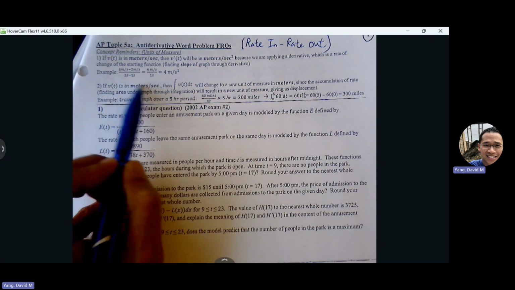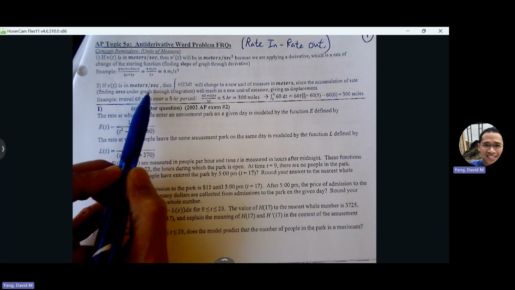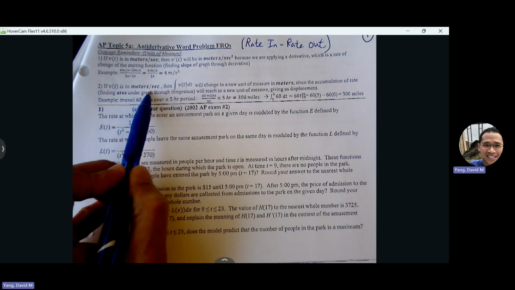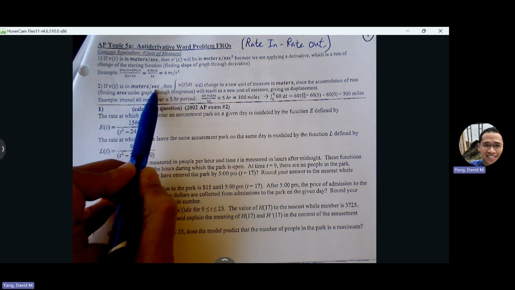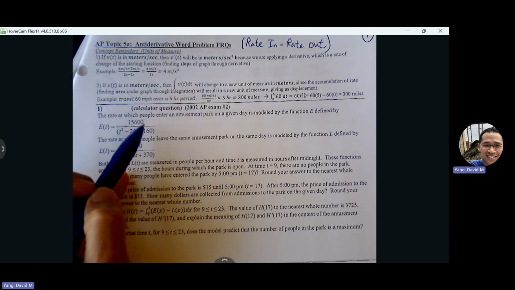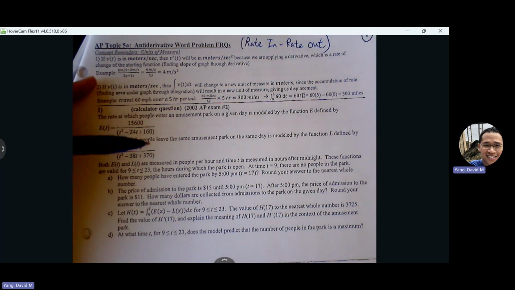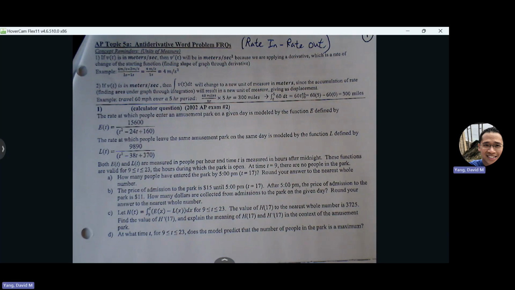If you're taking the antiderivative, however, you're stripping away the rate because you're multiplying your units together. So meters per second will go up to meters, right? So that's just a review of that. Anytime we're doing a derivative, your units will change. If you're doing anything with an antiderivative, your units also change as well.